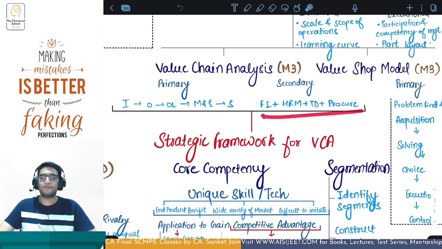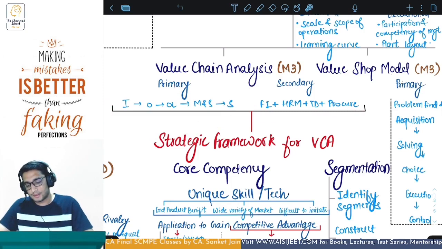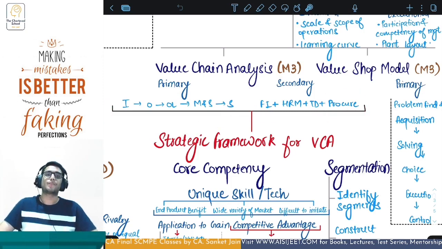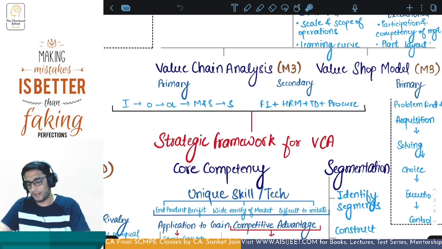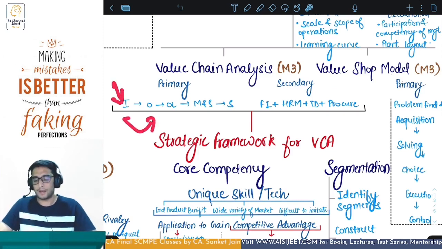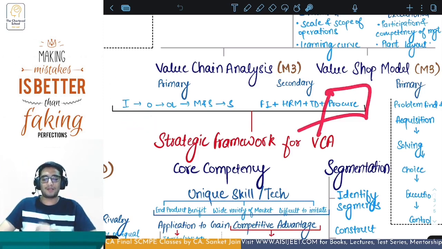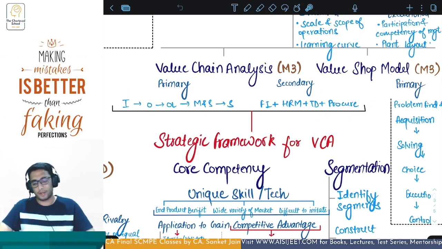Then come four secondary activities. Now, what are these secondary activities? It starts with procurement. You have to first procure the raw material or the inputs for inbound logistics, and then the operations happen. So the first step is procuring, and that is a secondary or support activity. Second is firm infrastructure.